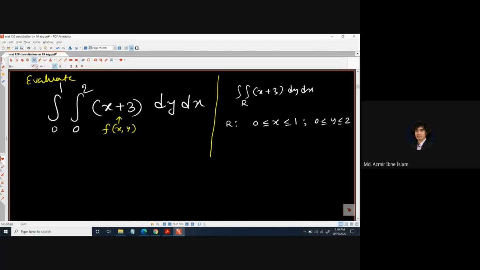This is the alternative question. Try to understand this one also, because the questions look different, but actually the solving technique is the same. Here the limits are already given, but in this version you have a region, and the region is defined later.